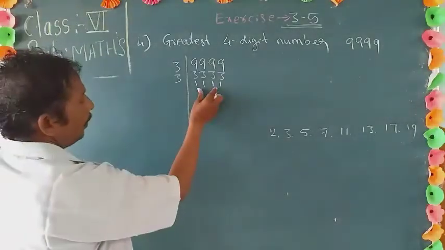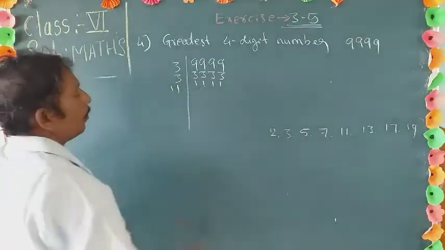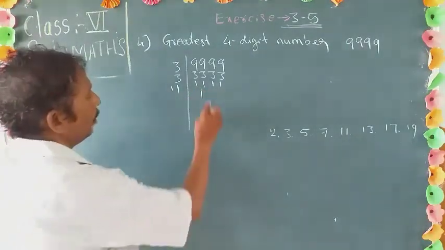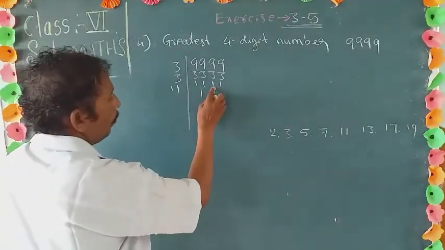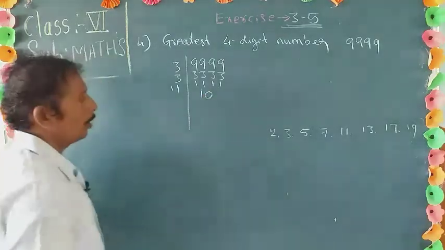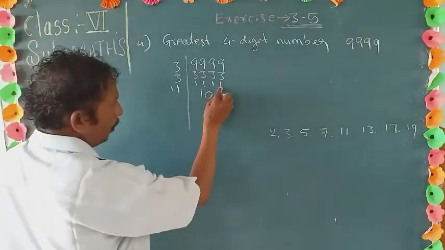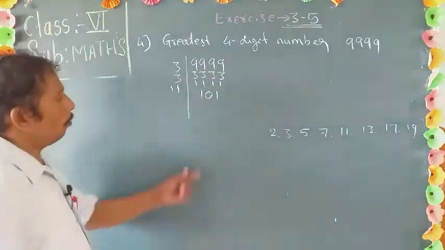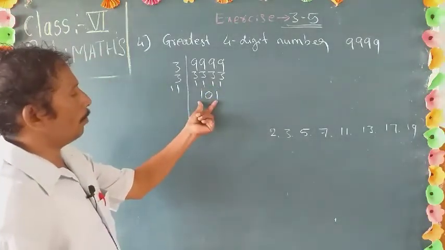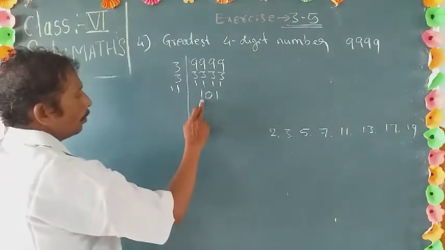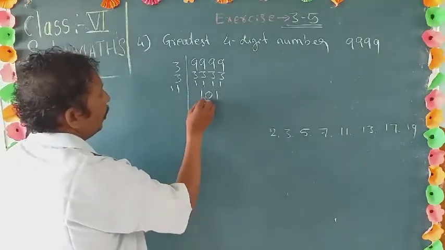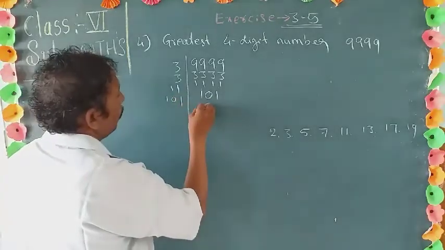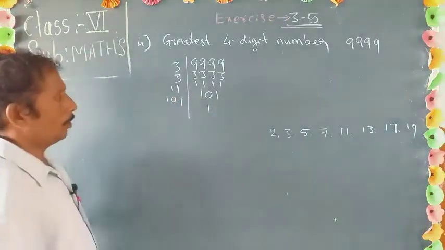Now we can divide this number by 11. 11 ones are 11. Then take 1. We can't divide. Put 0. Take 1. Now the number is 11. 11 ones are 11. Now 101 is not divisible by any number except by the number itself. Now divide 101 by 101. 101 ones are 101.